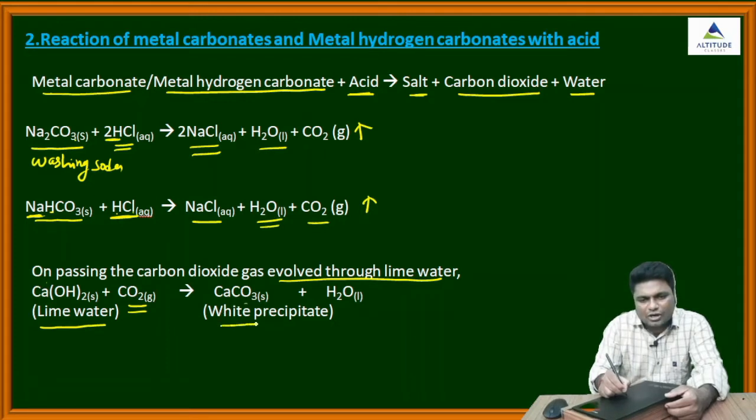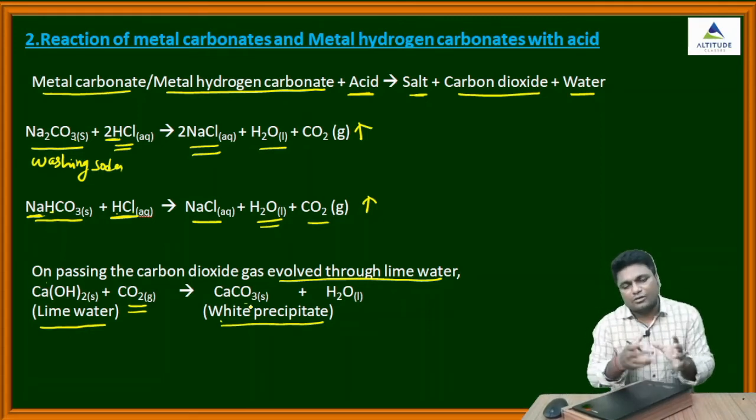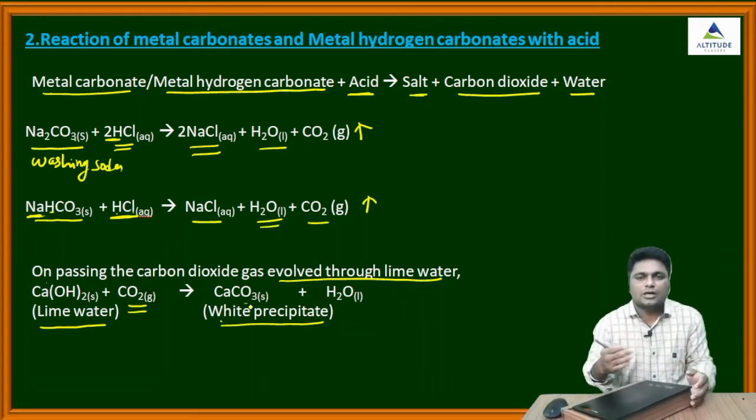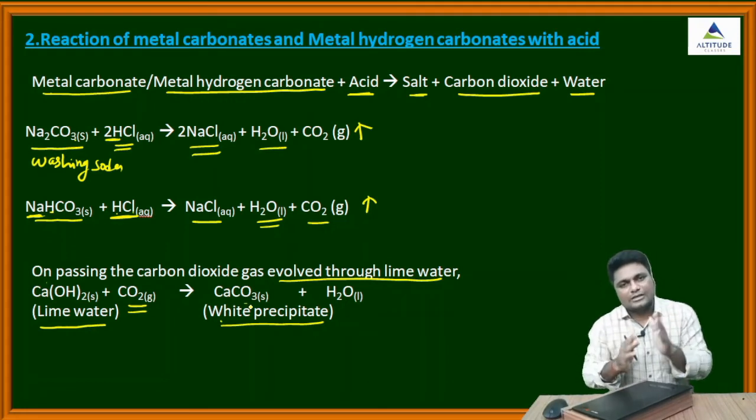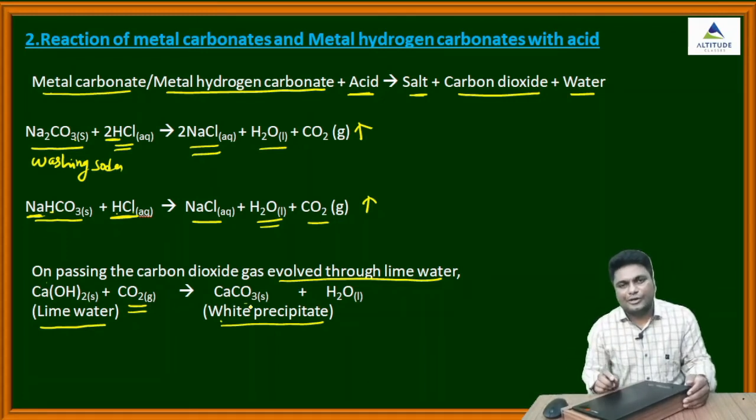That is limestone, the white precipitate of calcium carbonate. Understood? So how do we check carbon dioxide? Whatever gas is produced, when you pass it through lime water, calcium hydroxide, a white precipitate will form. White precipitate formation indicates that carbon dioxide reacted with calcium hydroxide.